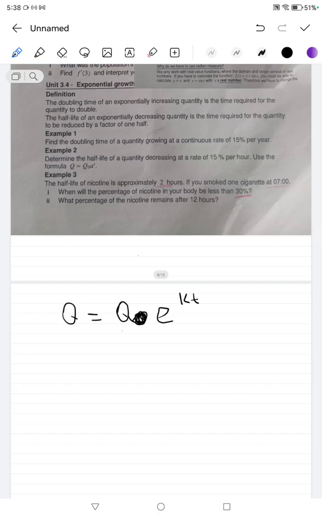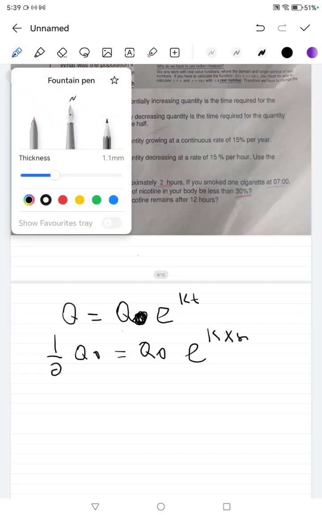They've told us we have the half-life of nicotine, so we have half of the initial quantity on this side, and on the other side the initial quantity times e to the exponent k multiplied by the 2 hours that's given.